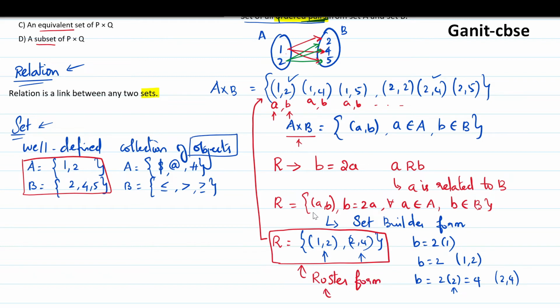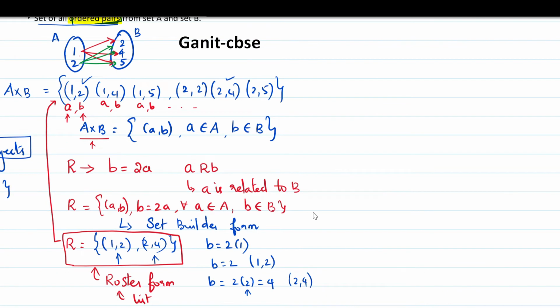Roster is nothing but the list, and it's a list of ordered pairs, so it is called roster form. So if I want to represent the relation in a Venn diagram, let us take A cross B as a set.